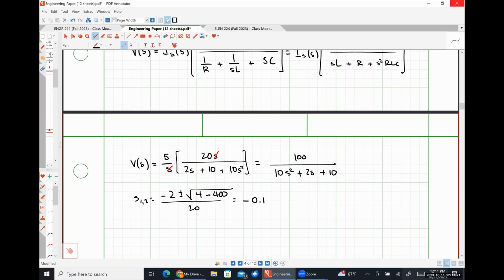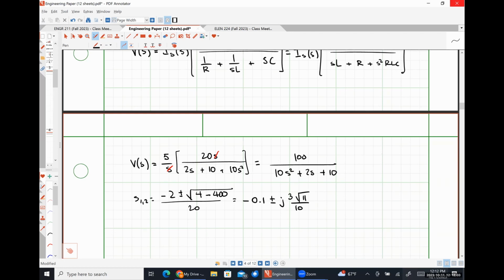And then the square root of, actually, square root of 400 minus 4, divided by 20 is plus or minus j 3 square root 11 over 10.